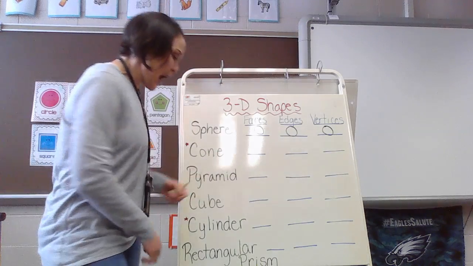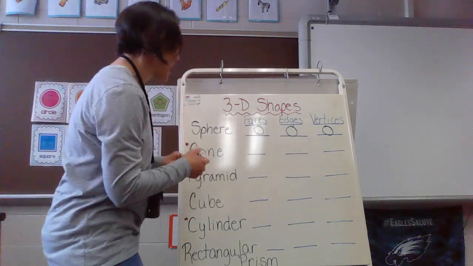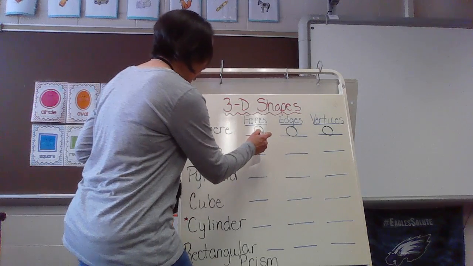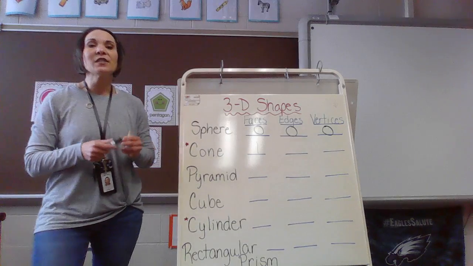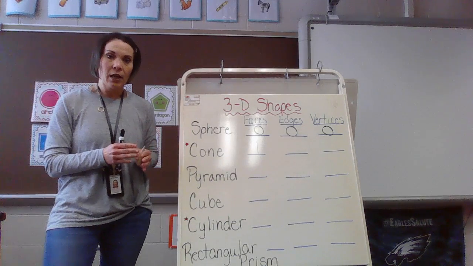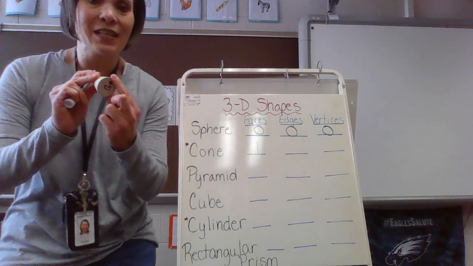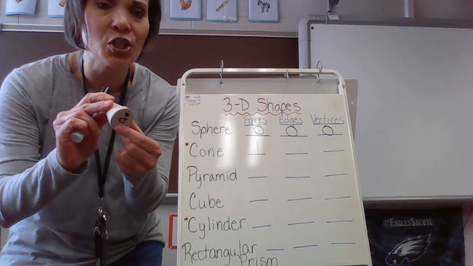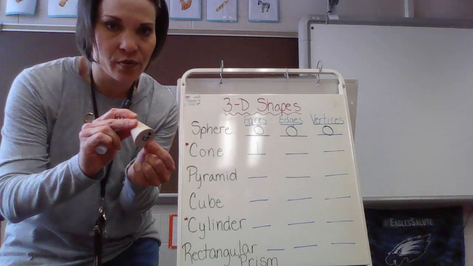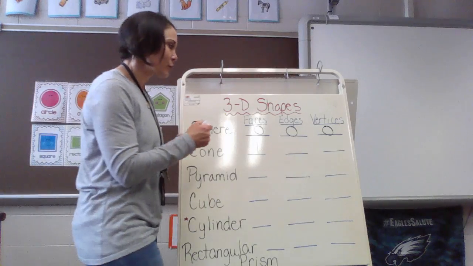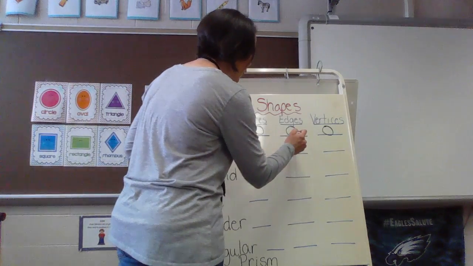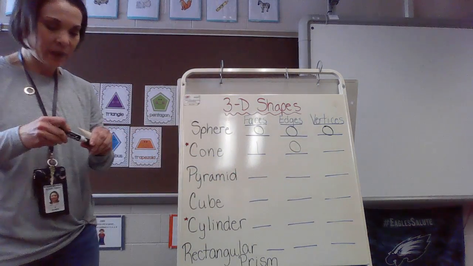So I'm going to say 1 face for a cone. Now, when you think about edges, edges have to be straight. Even though this feels like an edge to me, it's curved, so I can't count that as an edge. I'm going to say 0 edges.